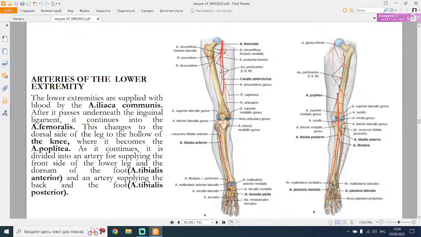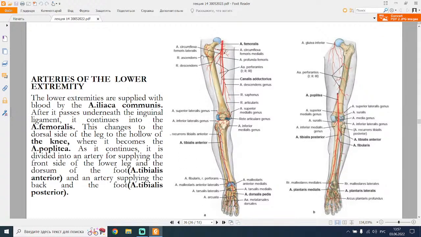Arteria iliaca externa passes underneath the inguinal ligament.